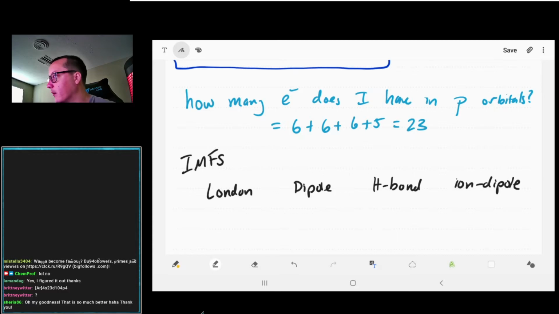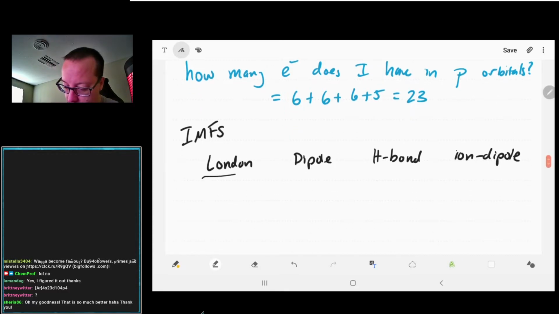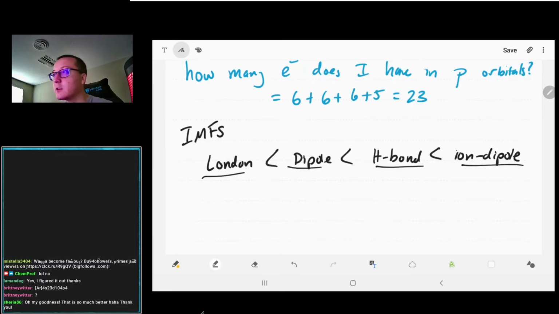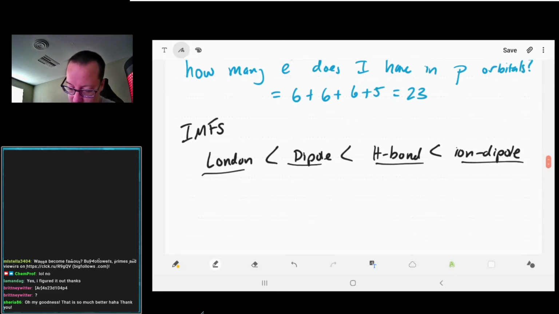Okay, so we're going to do our quick crash course. Here we have 4 types, and they are, in this case, arranged in strength. Ion dipole being the strongest, London being the weakest.